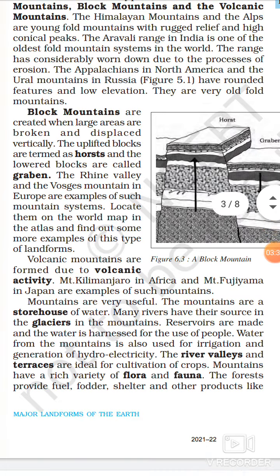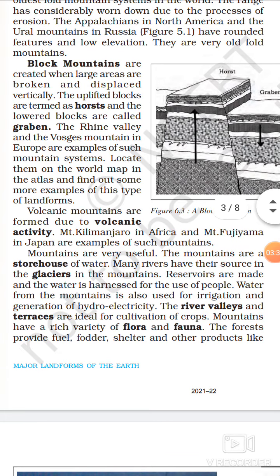Now block mountains. Dear students, the block mountains are created when large areas are broken and displaced vertically. The uplifted blocks are termed as horsts, and the lowered blocks are called graben.